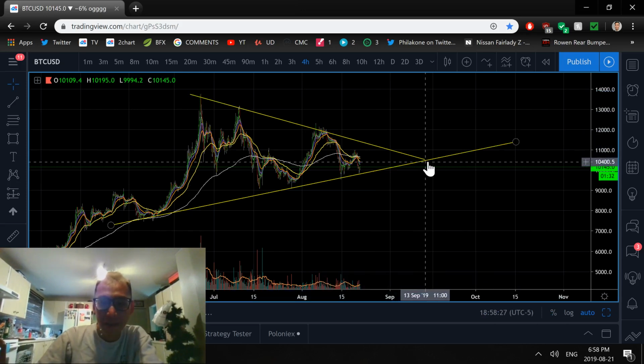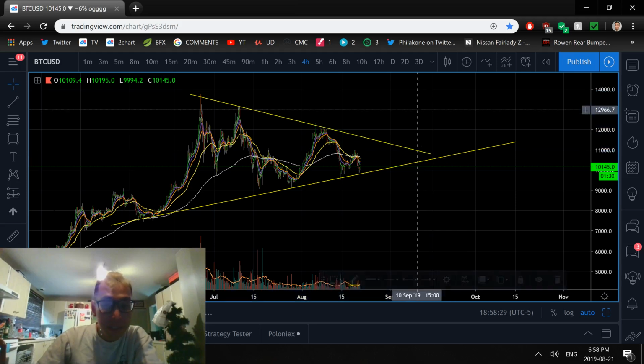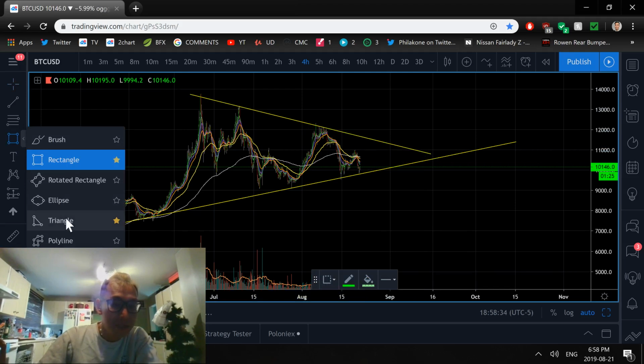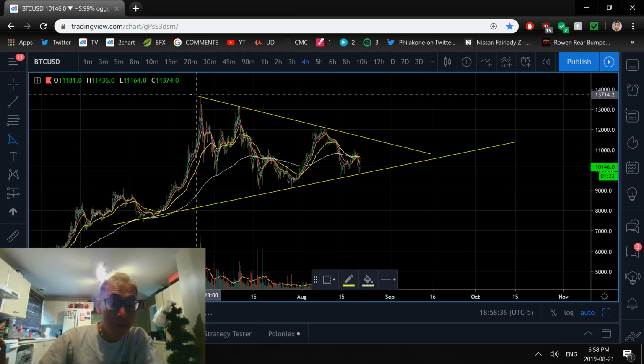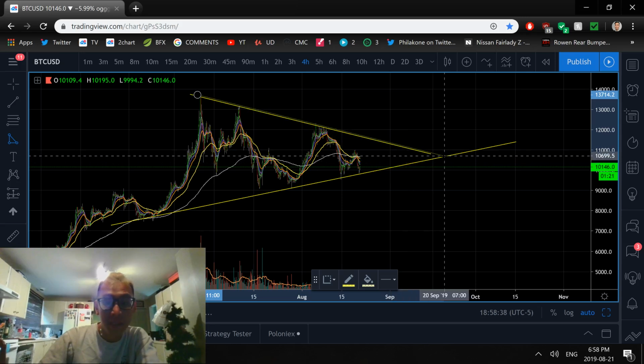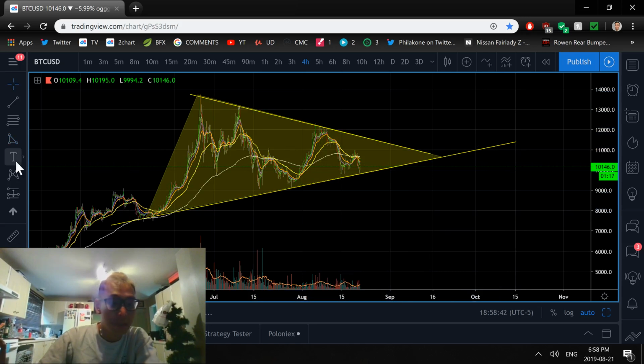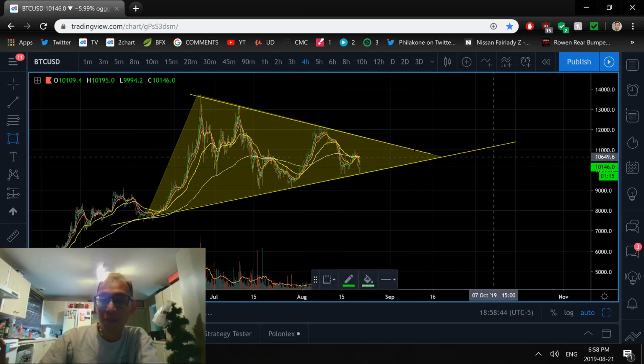What was I talking about again? So this is a symmetric triangle right here. This is the symmetric triangle, and I personally would call this the apex in here. That is the apex in that particular zone. The apex is where push meets pull.